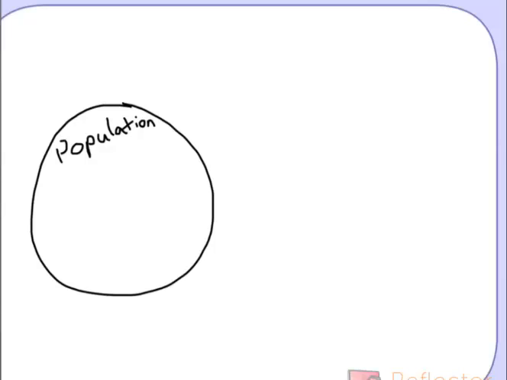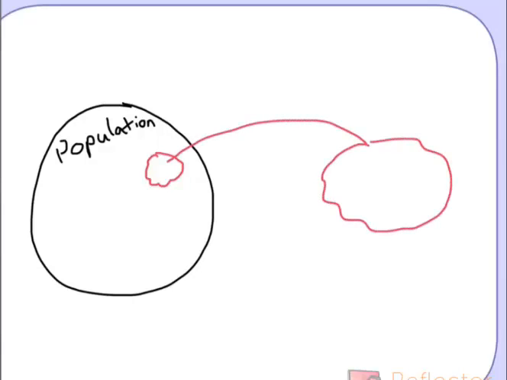And then over here, I'm going to take out a small piece of this and put it over here, and that is actually my sample that I can actually look at a little bit better. So I've pulled out this small piece of my population, and it becomes my sample that I look at. It's just a smaller subset of it. And then I'm going to draw this arrow back over here.